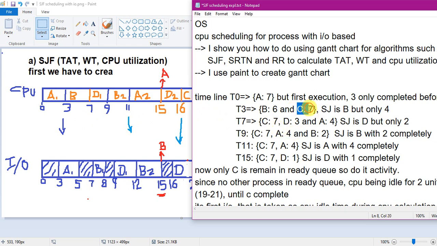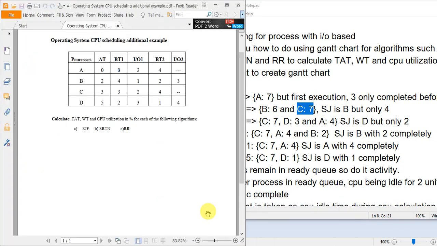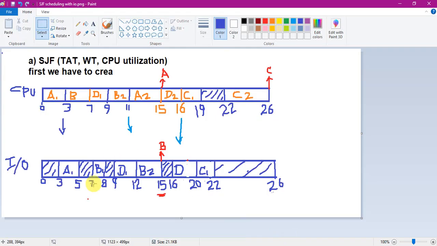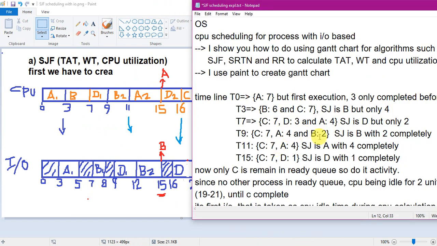Initially process C is there, requesting 7 units, starting from timeline 3. Next process A is there. Which one arrived first? D also arrived at 5, and A also left the IO and needs the next CPU time. So at the same time unit 5, C arrived first.